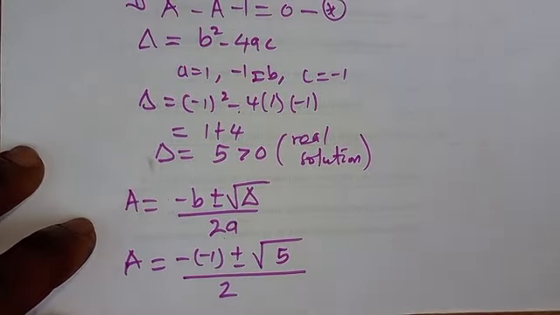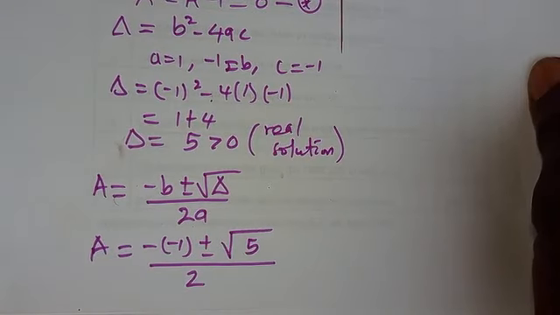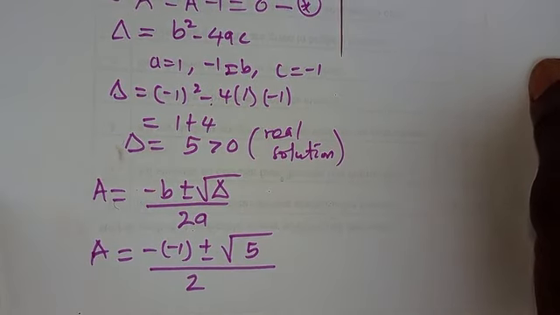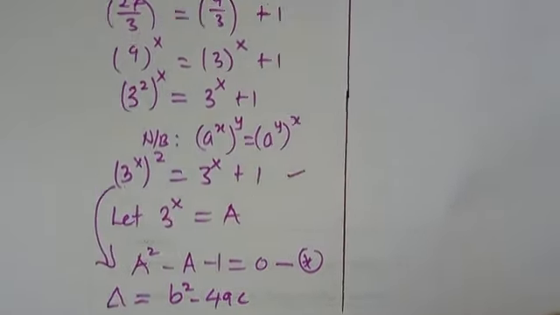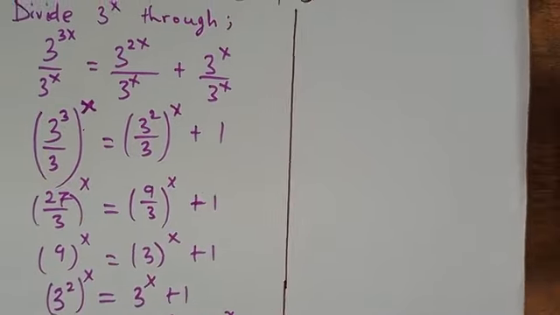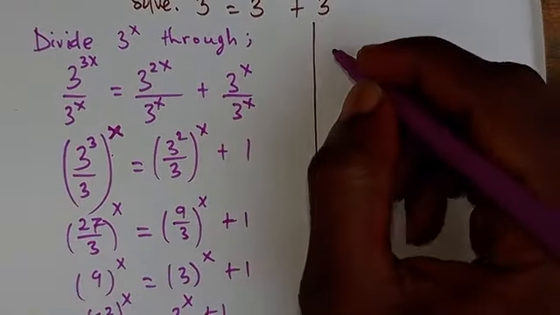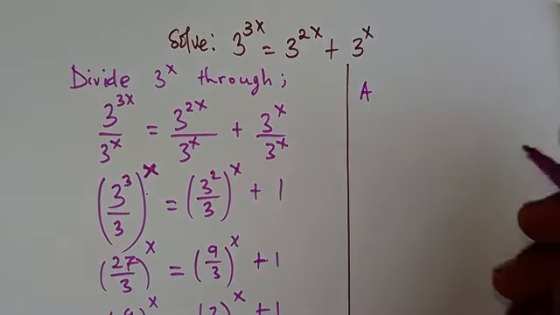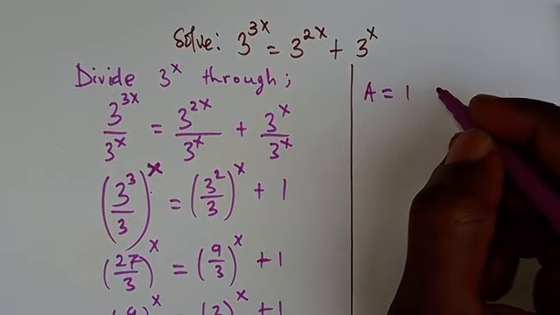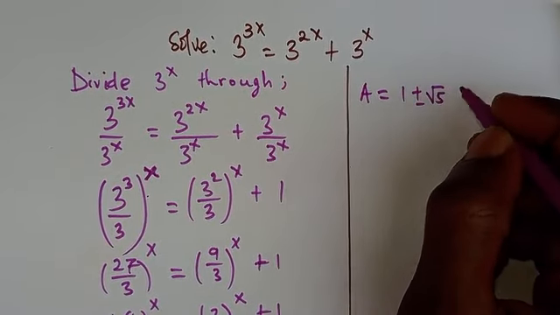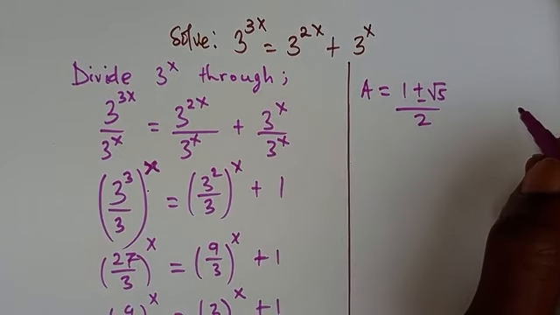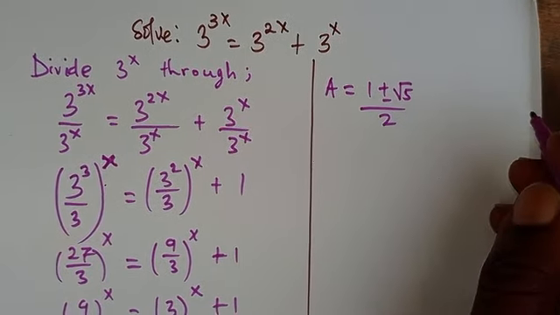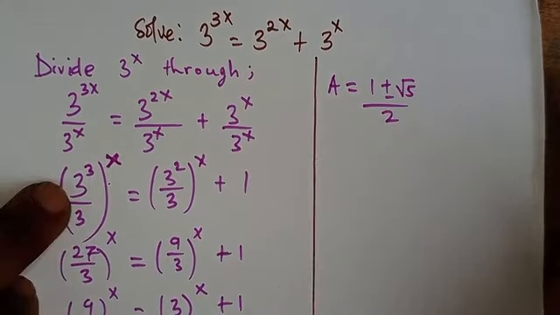So now from here we are going to solve for that. We are going to have a is going to be 1 plus or minus root 5, then over 2. So therefore we are going to have two roots here.